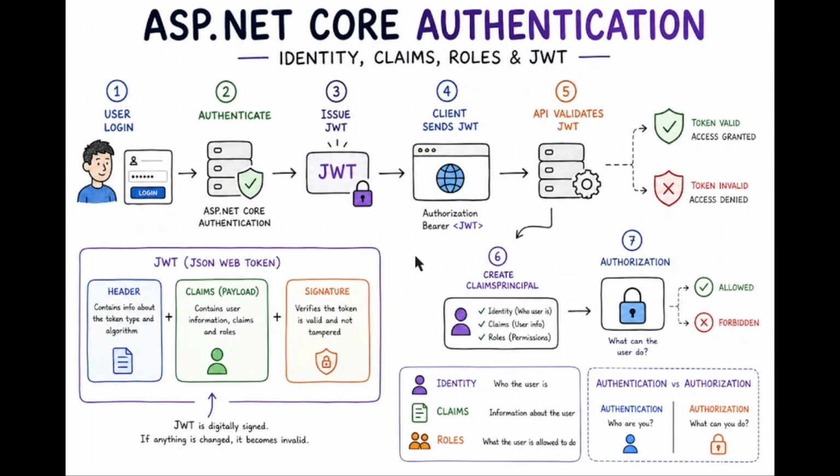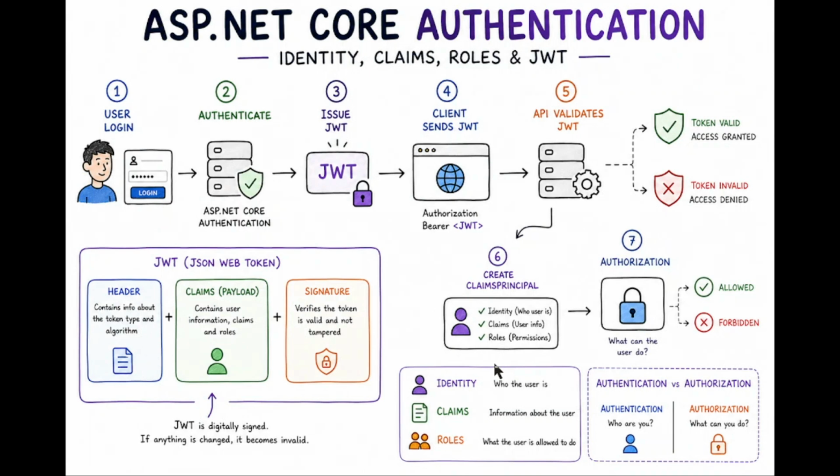Number four, roles. Now let's talk about roles. Many beginners confuse roles with claims. Roles answer a completely different question. Authentication asked, "Who are you?" Roles ask, "What are you allowed to do?" Examples: admin, manager, employee, customer. Imagine a hospital. Everyone has an identity.